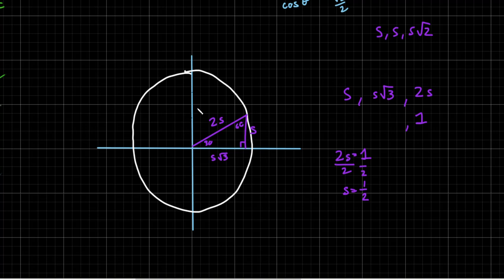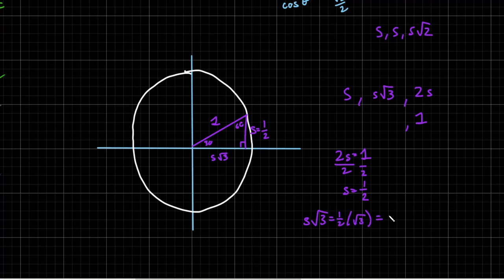Perfect. So let's change our sides to what they are. This side we said was 1. This side over here is now 1/2. Now we've got to figure out the side at the bottom. What would s square root of 3 equal if s is 1/2? So 1/2 times square root of 3.